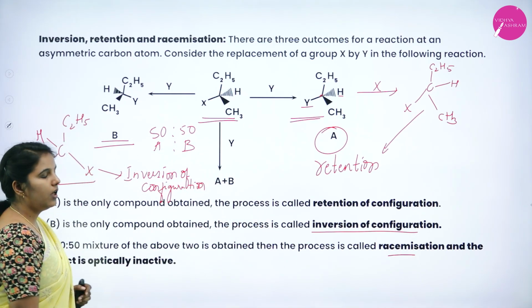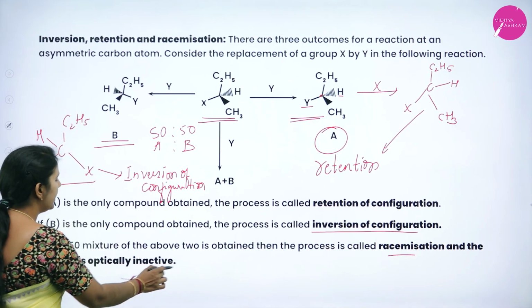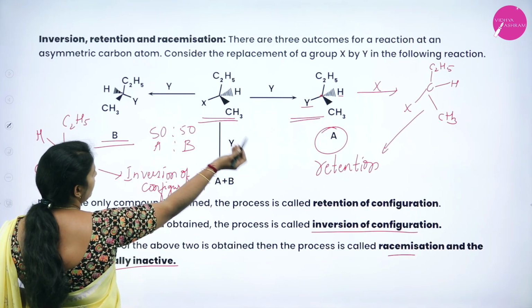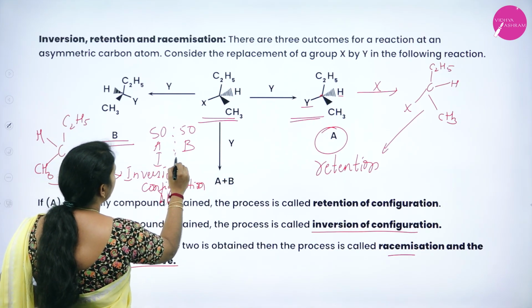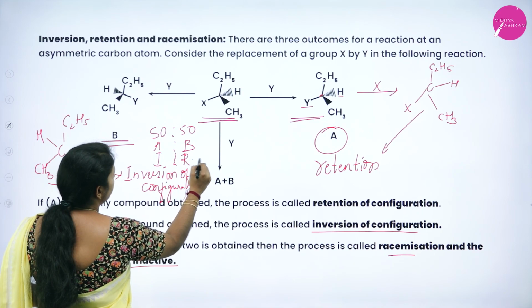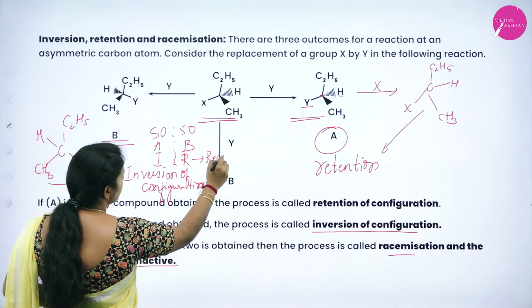Racemization, and the product is optically inactive in nature. So if you mix the inversion as well as the retention, you'll get a product of racemization.